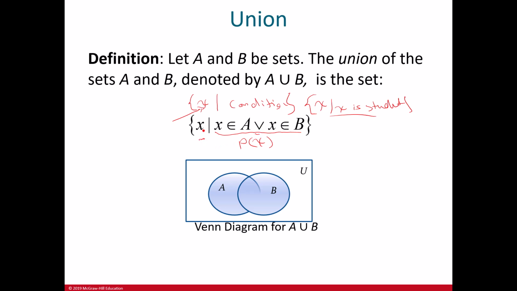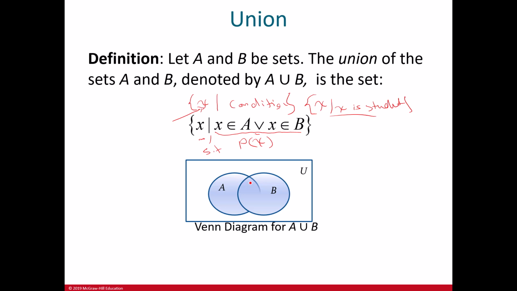All right. So how do we read it again? The set of all x such that x is in A or x is in B, and this is the inclusive or, which means, from our discussion of propositional calculus, that it is true when either or both are true.